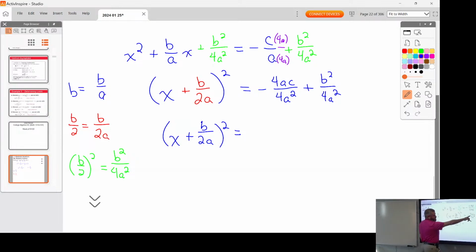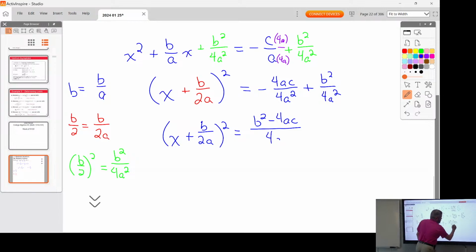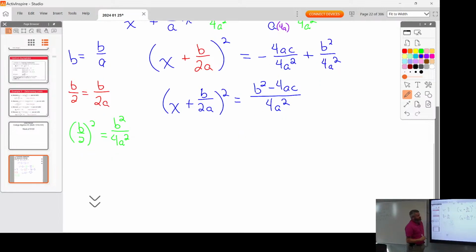Can you see that my numerator is b squared minus 4ac? B squared minus 4ac all over what? 4a squared. Questions on that?